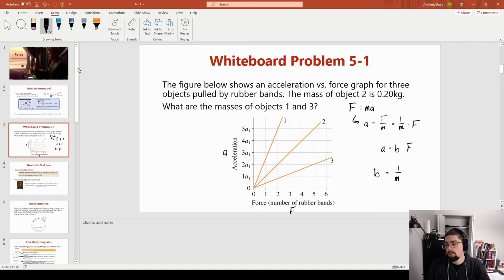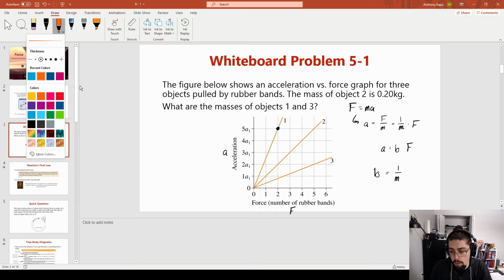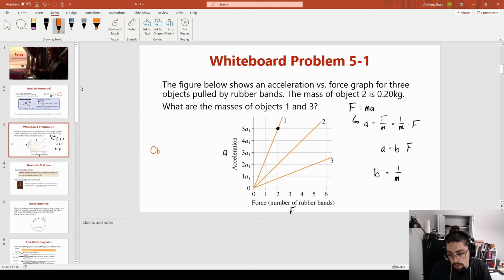So let's start with object 1. Let's take a look at that thing. If I look at this point right here, let me take the slope of this thing, and I'm going to say, okay, well, my rise over run is going to be 5 A1 divided by 2 rubber bands, which I assure you is a standard unit.